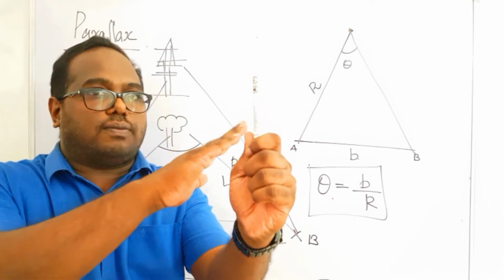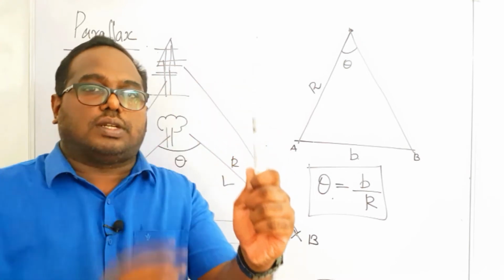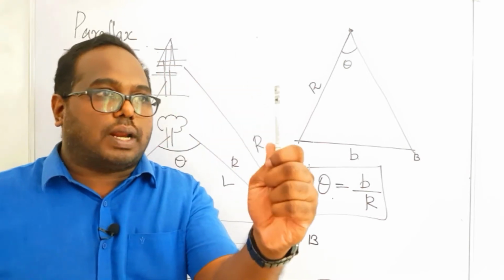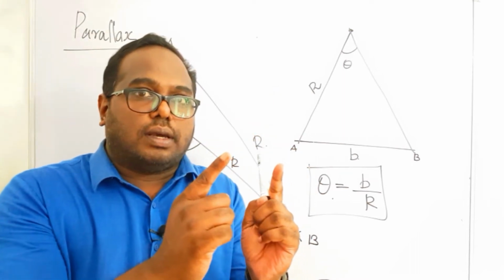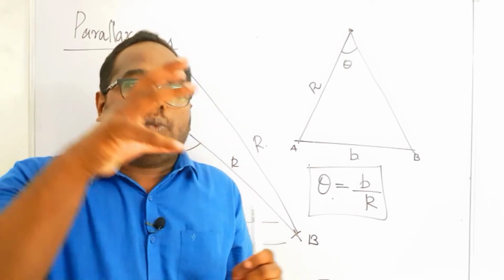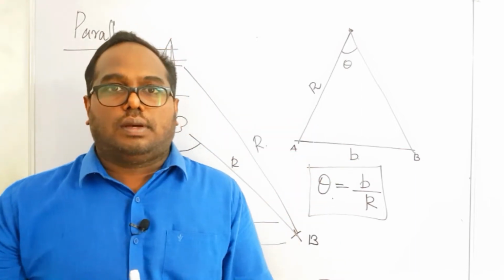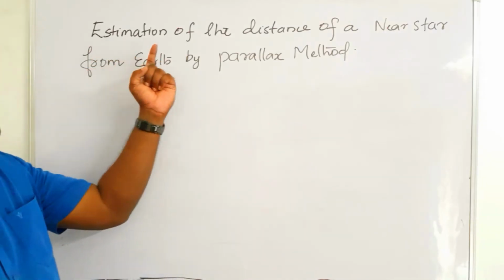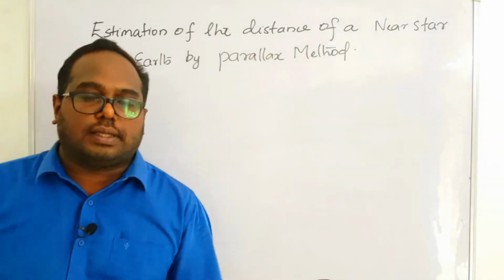That is why you feel that the object is shifting its position. In actual practice, it is not moving. So the definition will be: apparent shift in the position of an object when it is viewed from two different locations. Clear?